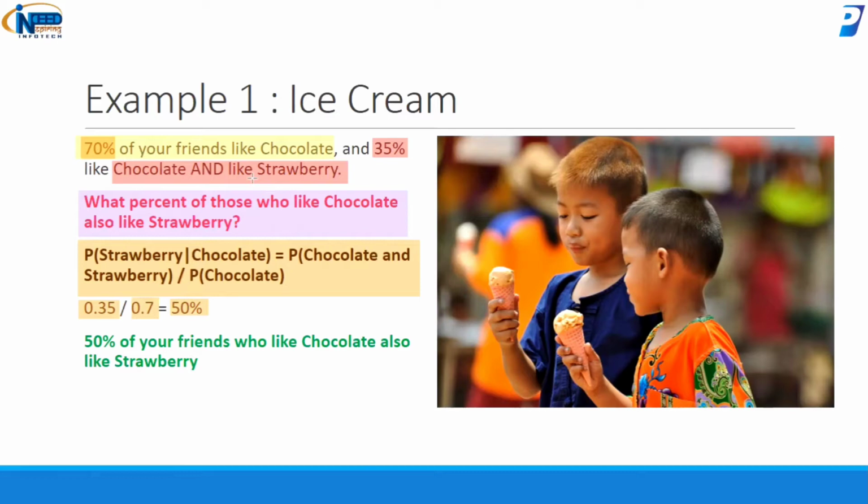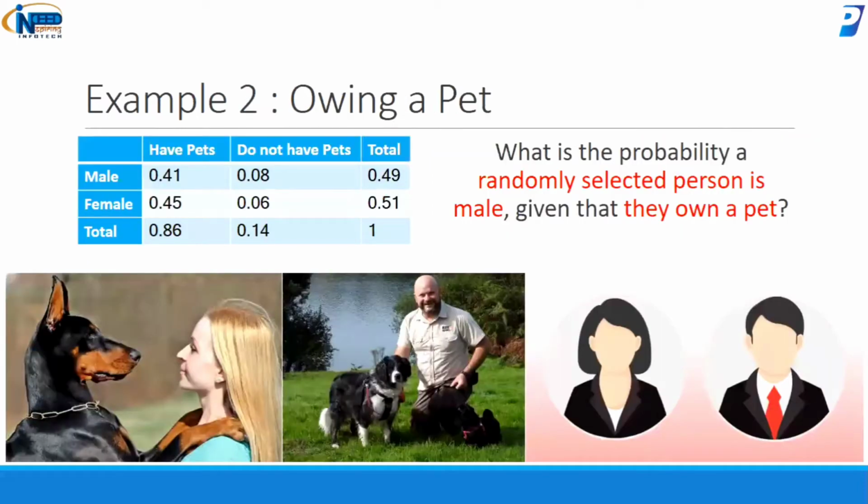Let us move ahead and understand with one more example. In this example, we have considered people who are owners of a pet. Here you can see the table, which describes males and females who have pets and who do not have pets. 0.41, that is 41% of males, own a pet, and those who do not have pets are 0.08.